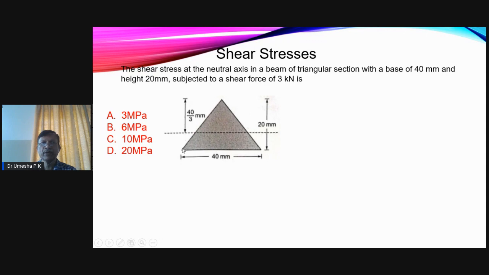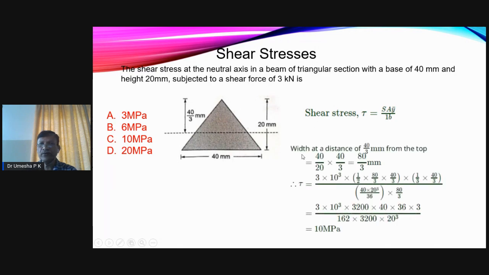We know that the neutral axis will be at one third of the height from the bottom, or two third from the top. We are interested in the top, that is two-third, meaning 40 by 3. Once we know that, we have to calculate the shear stress, that is force S A y bar divided by I into B.